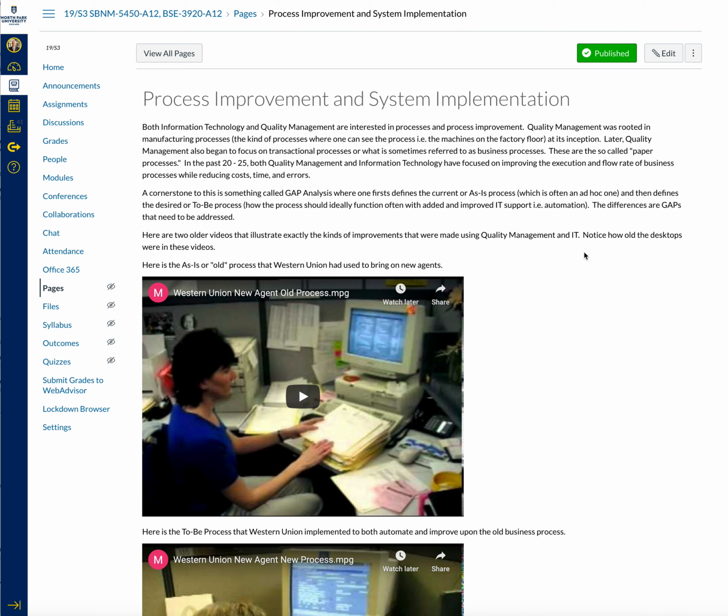But it really gives you a historic sense of what the world may have been like before ERP systems and what it's like afterwards. So this is Western Union's new agent, old process, new agent, new process, and how they implemented all those. Two fun videos to watch. And it will help give you some background for the discussion that we're having this week.